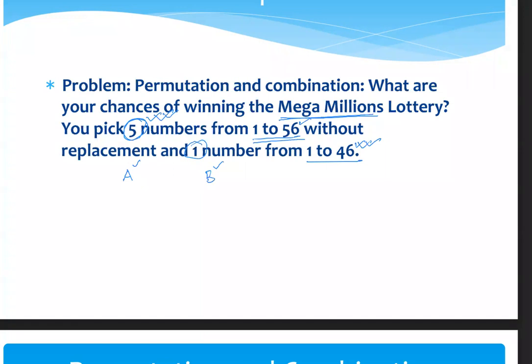Now, the next question you should be asking: I'm selecting 5 numbers out of 56 different numbers. Does order matter? The order in which I select the 5 numbers, does it matter? What is your thought on this? Does order matter when you play lottery tickets?